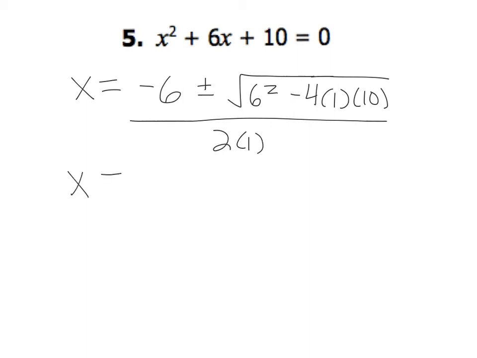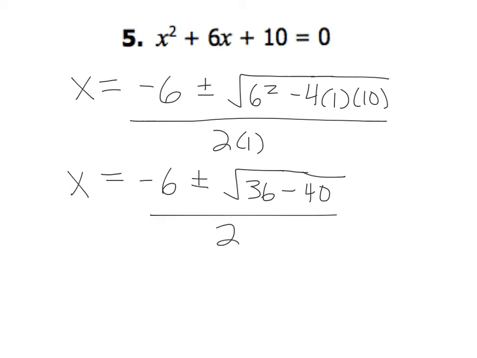So I have x equals negative 6 plus or minus, and then I'm going to take this a couple steps here. So I have 36 minus 40, and then I'm going to be dividing by 2. So again, one more step. I've got x equals negative 6 plus or minus the square root of negative 4. Ooh, that is not good.